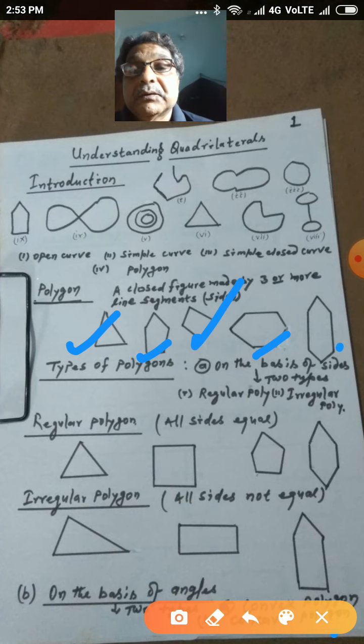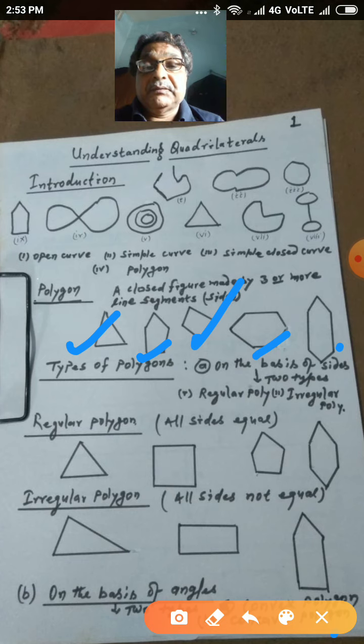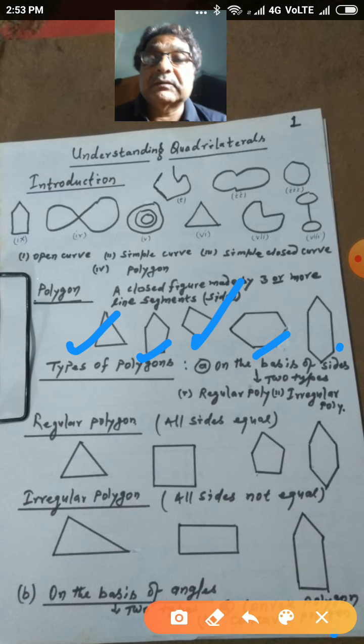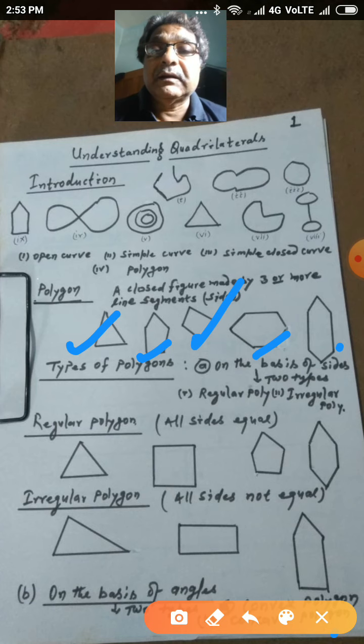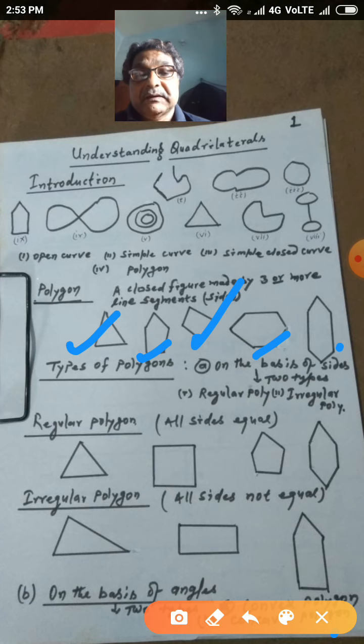Okay student. Now since there are many polygons, if we classify them into certain categories, then our study will be easier and more comfortable. That's why scholars have classified these polygons.